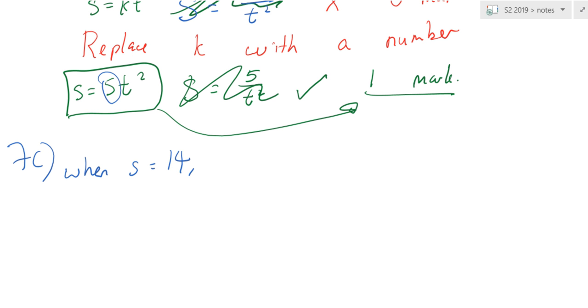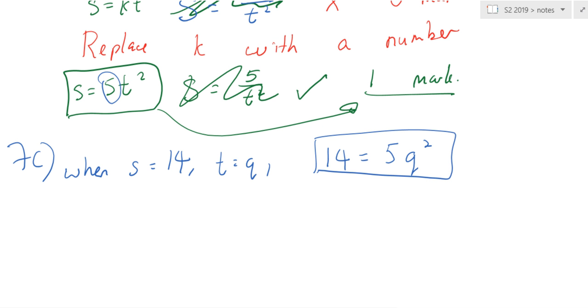So what do we do? Sub into the equation. So can you try? 14 equals to 5Q squared. Like that. I want to replace the T with the Q, and I want to replace the S with the 14.